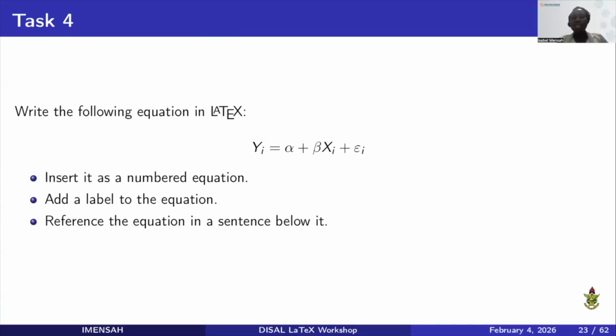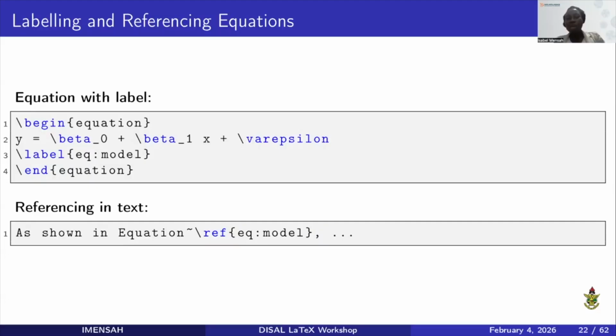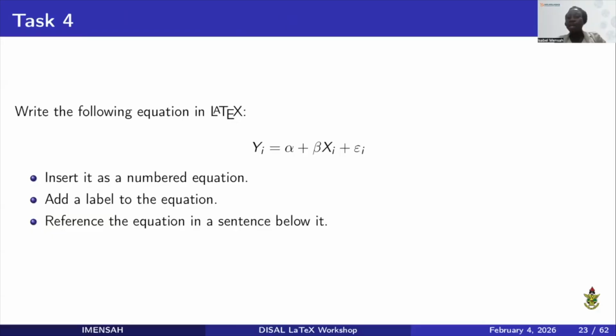So the first thing, I'm asking you to write this equation in LaTeX. This is the format you are going to follow. You first write your begin equation, end equation, and then you define this function: capital Y underscore small i equals alpha plus beta x1 plus epsilon i.